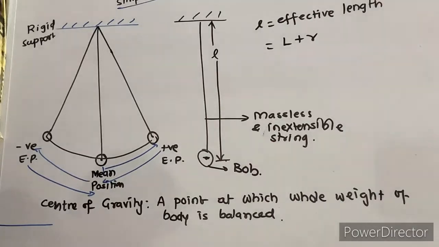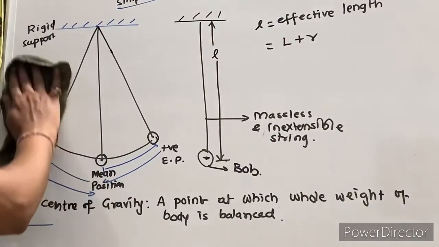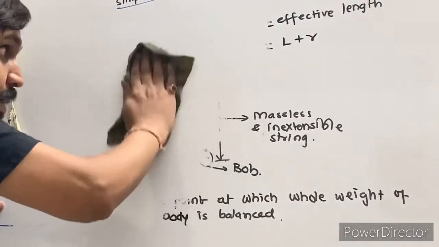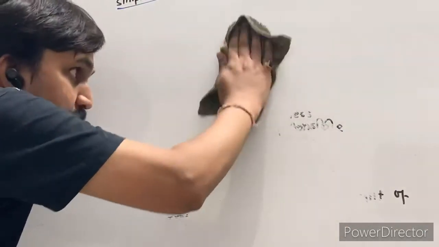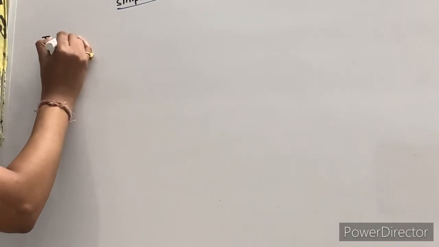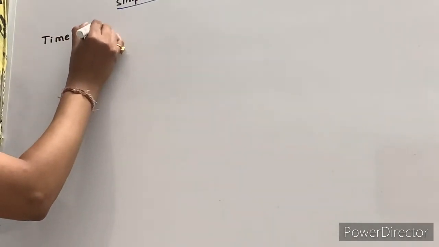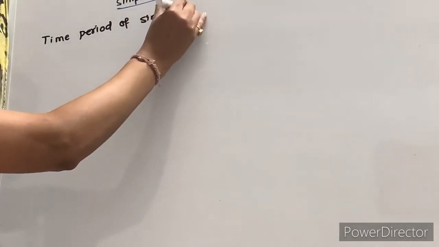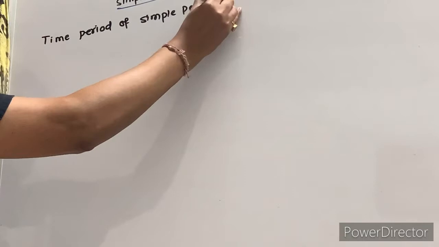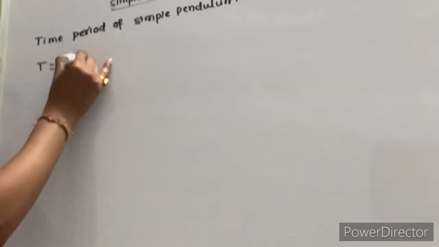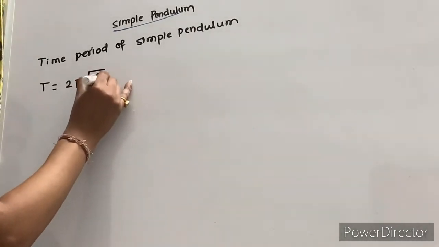Now I will drop this part and go with what exactly is the time period of one oscillation, right? T, the time period of a simple pendulum, is given as T is equal to 2 pi root of L upon g.